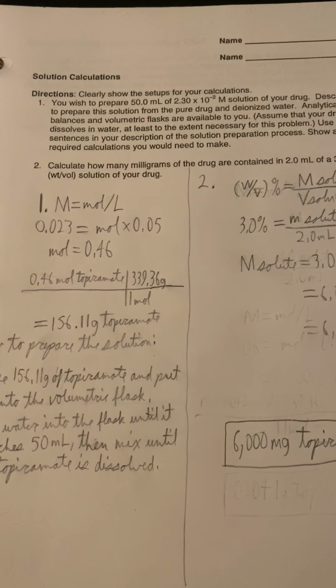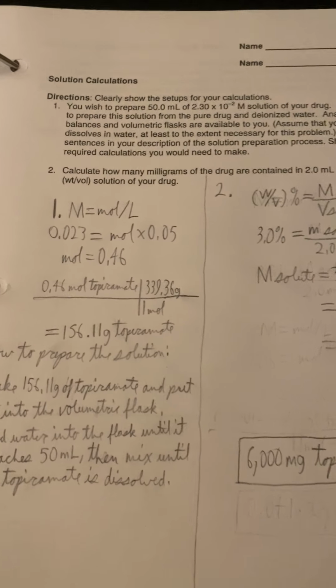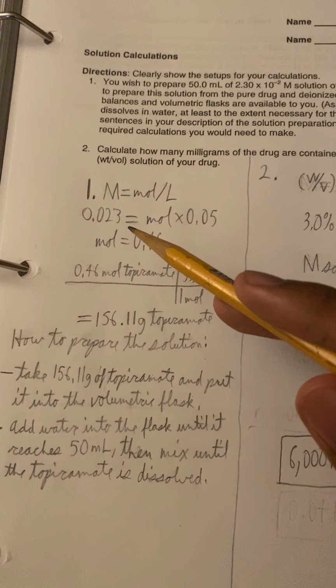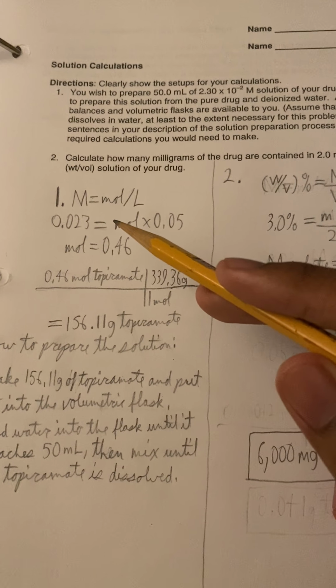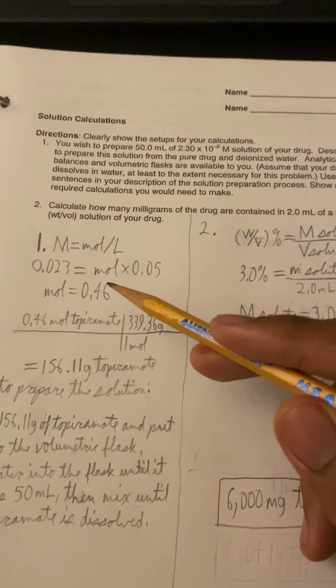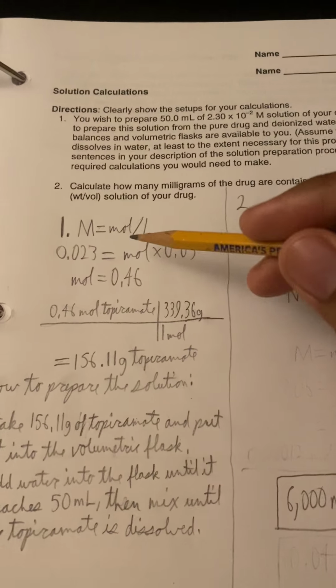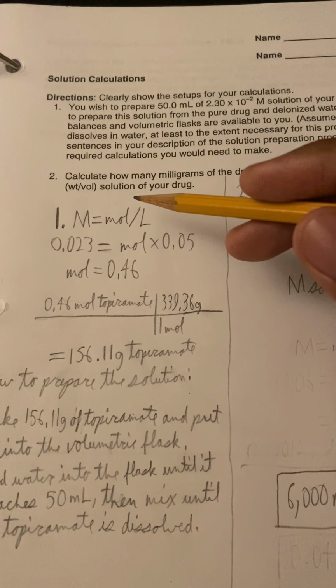So if you wanted to prepare 50 milliliters of a 0.023 molar solution of this drug, topiramate, what you would have to do is find the amount of grams first.